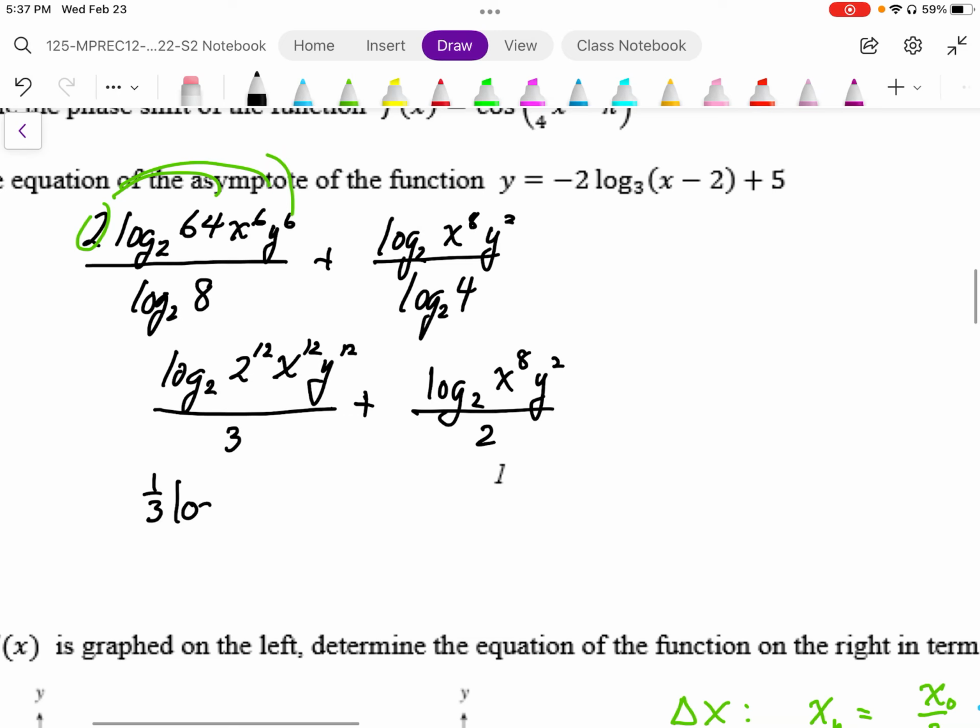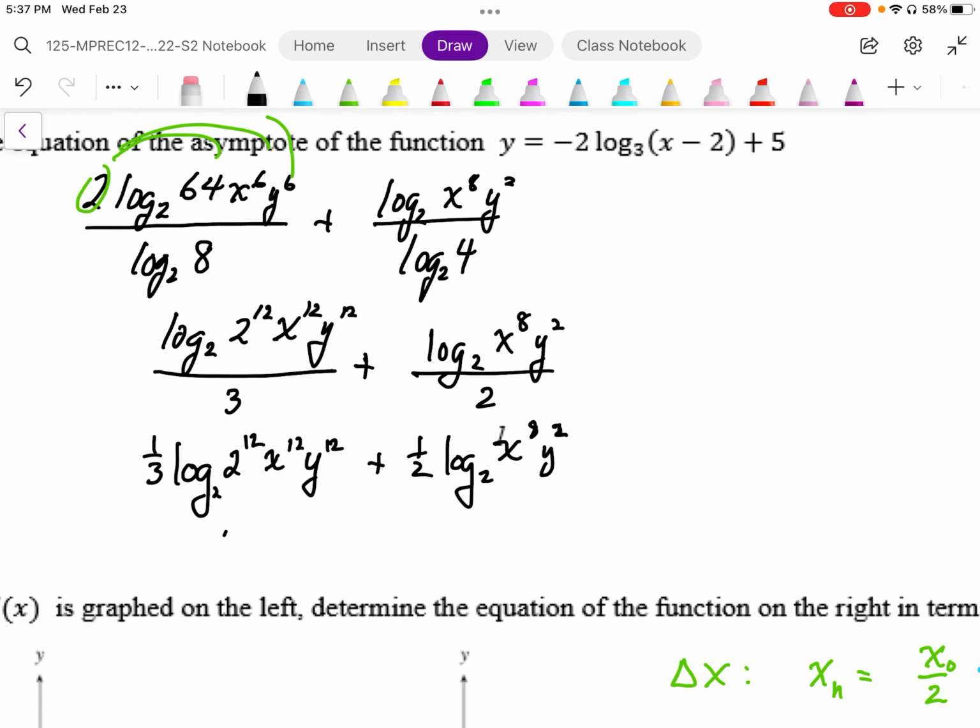Put it as 1/3 first, and that power can then apply into the log. And since those powers inside the log are all multiples of 3, they are evenly divisible. The same thing here, base 2, x to the power 8, y squared.